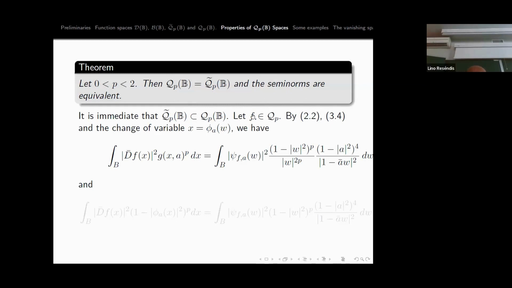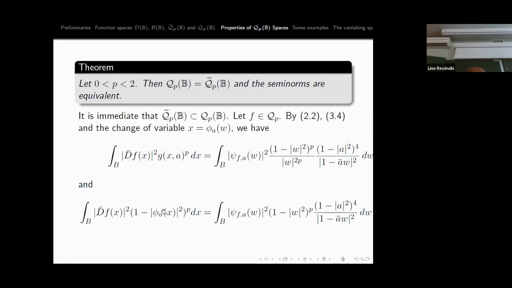Then we consider that f belongs to the Qp space. If we consider the definition of the Qp space we have here, and then we change variable using the Möbius transformation, we get this. We consider again the definition of the other space using only this weight function that you can see here, 1 minus modulus square of phi sub a.